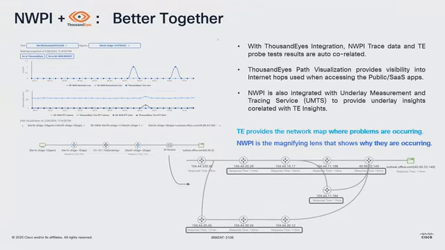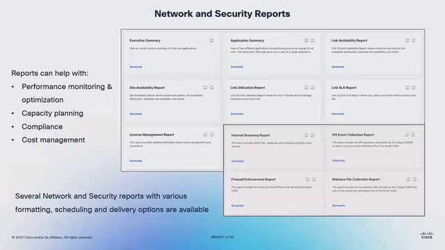You can pinpoint the exact hop, whether it's on the overlay network or the underlay, where maybe there is extra latency added, or maybe there is a problem with the link. You can pinpoint the exact point where the problem is occurring, and thereby conclude whether it's a network issue or an application issue.